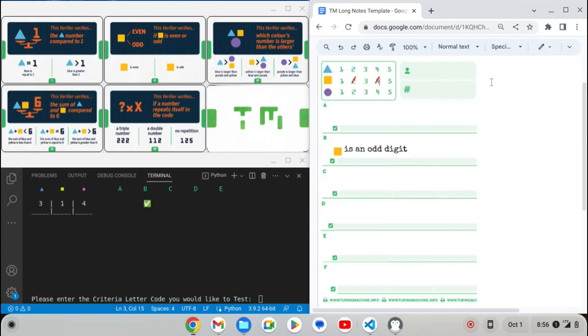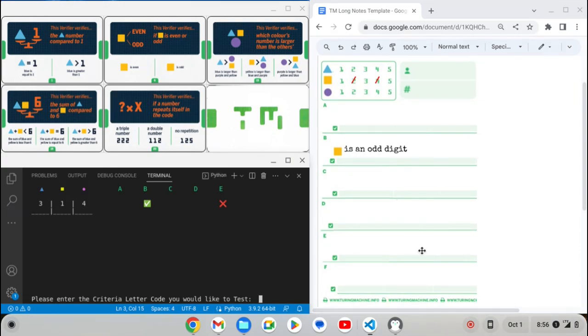Okay, so the next thing I think I'd like to test is criteria card E. Okay, so this time the Turing Machine does not approve of my proposal. Notice that for 314, all the digits are distinct, meaning there are no repetitions, but the Turing Machine does not approve of that. So we either have a double or a triple number.